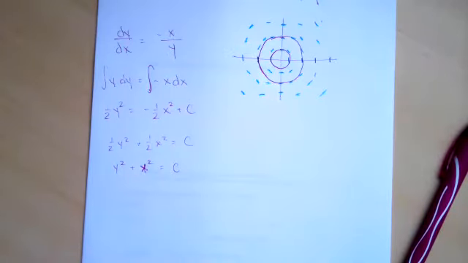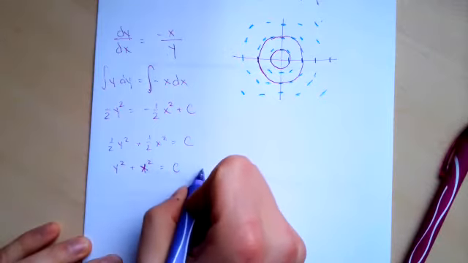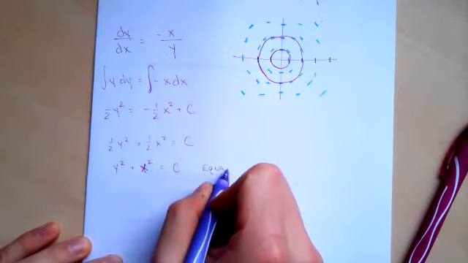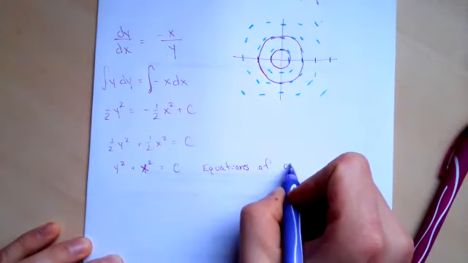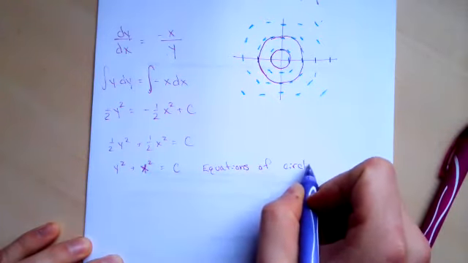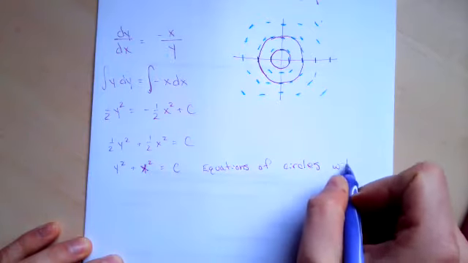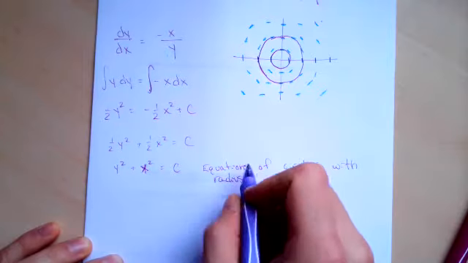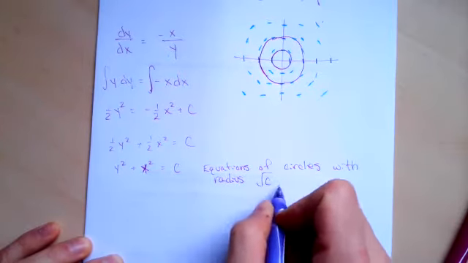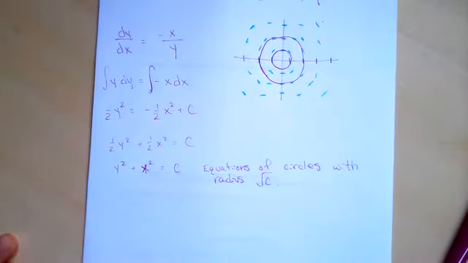That is the equation of circles, with square root of c as the radius.